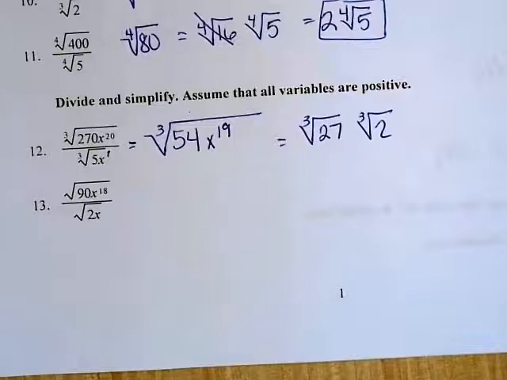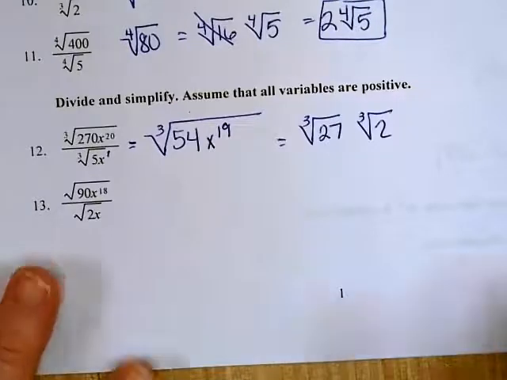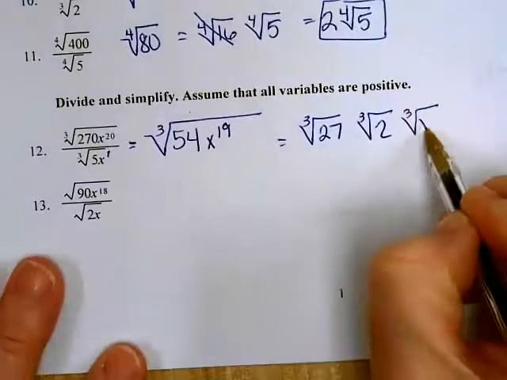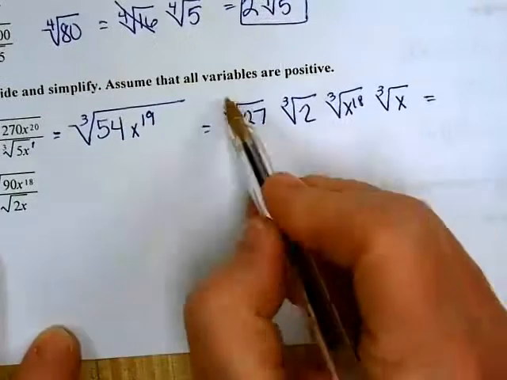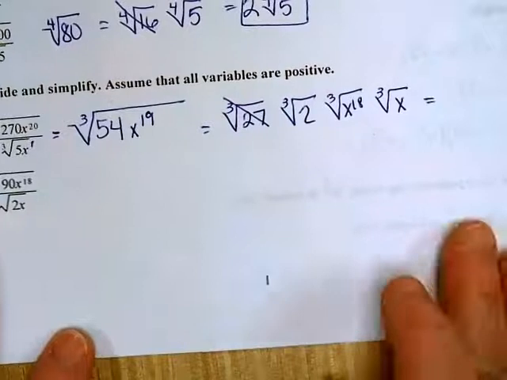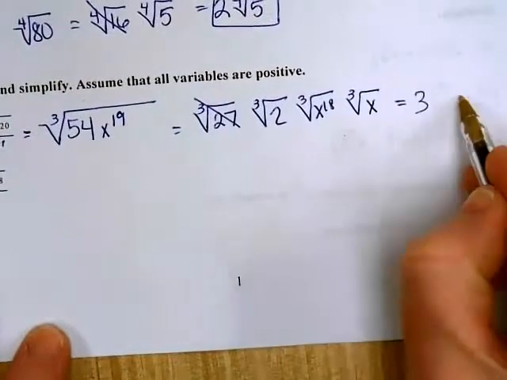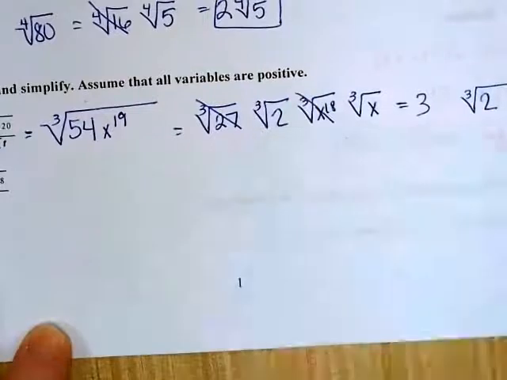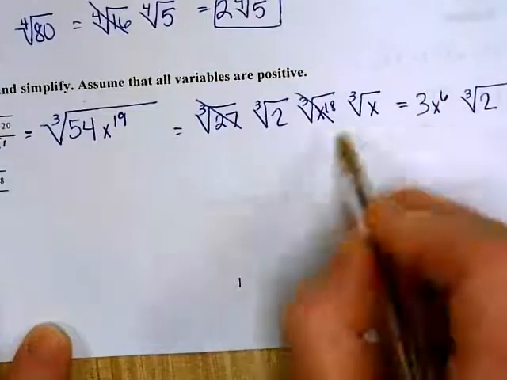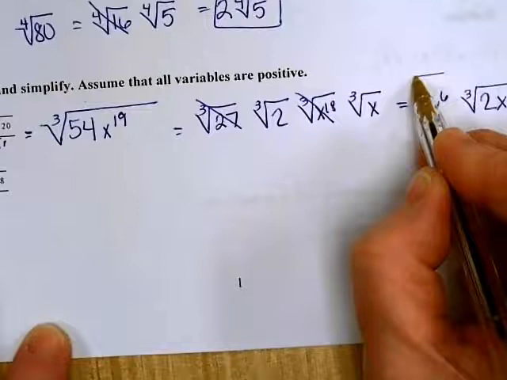So what's the largest exponent I can get from that that's divisible by 3? 18. So this is cube root of x to the 18th, cube root of x. The answer to the cube root of 27 is 3. 2 doesn't have a cube root. The answer to the cube root of x to the 18th is x to the 6th, and the x stays here.